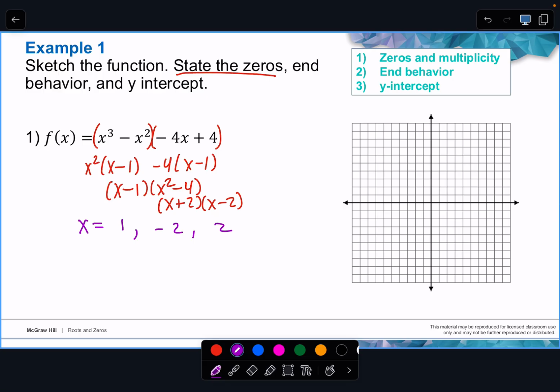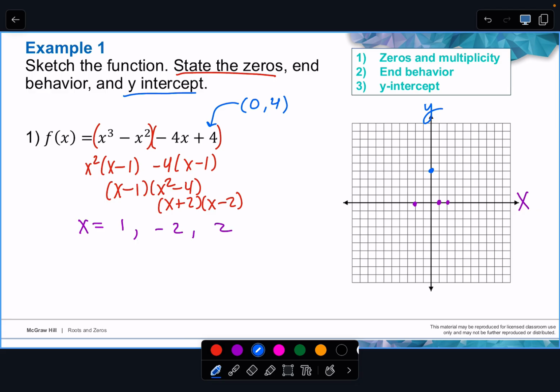Tomorrow's will be synthetic division instead of factoring, okay? All of those go on the x-axis. So we've got a 1, a 2, and a -2. The y-intercept is always what's called the constant, or the number that doesn't have an x by it in your original problem, and that is on the y-axis.